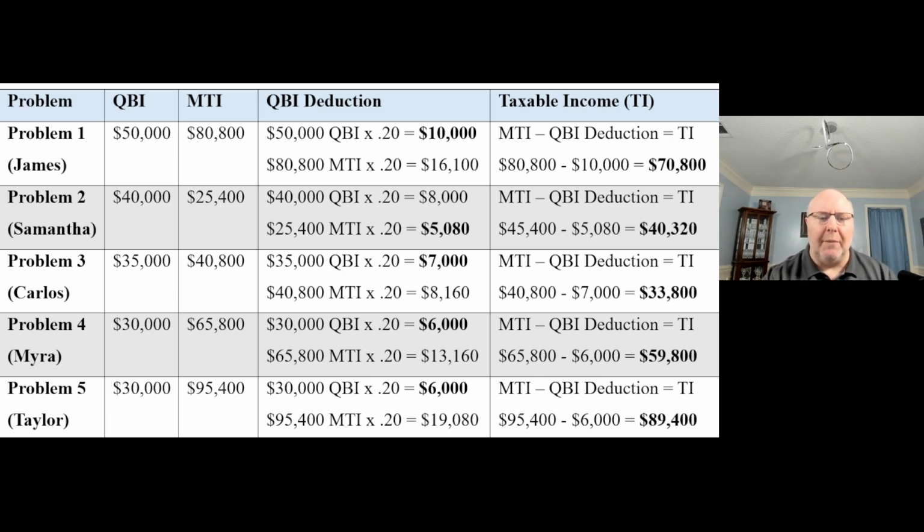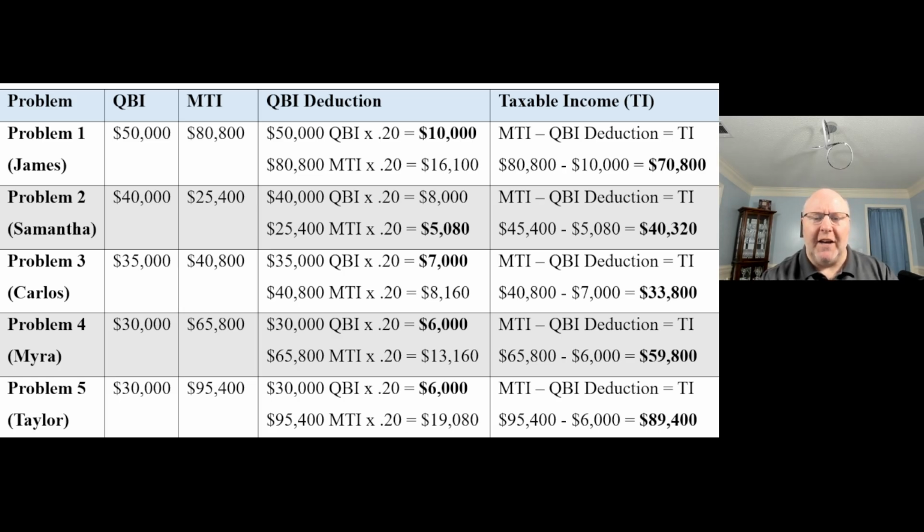So now let's look at problem number 2. Now we have Samantha. We had our QBI of 40,000 and our modified taxable income of 25,400. So we take 20% of our QBI, and that gave us $8,000. Then we have to ask, are we limited by our modified taxable income? That's the ceiling. So we take 20% of our modified taxable income, which was 25,400.